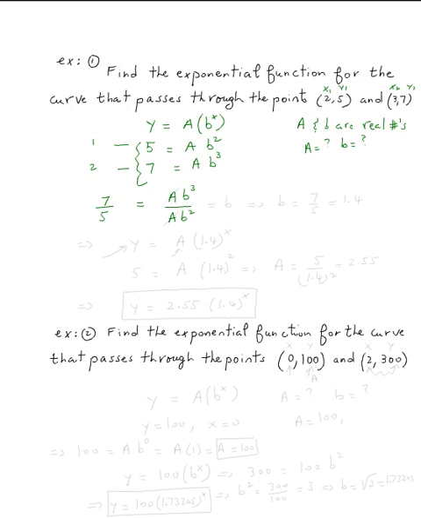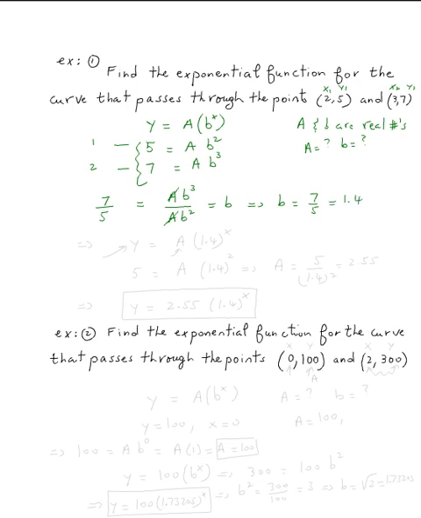The good thing about this is we can simplify the a because a cannot be 0, and b cubed over b squared is just b. So now we found that b is equal to 7 over 5, which is 1.4.